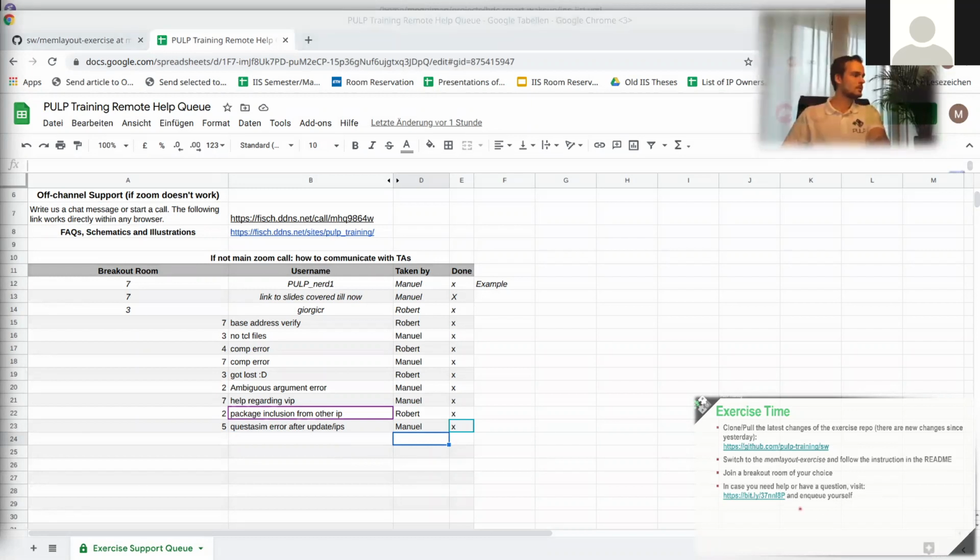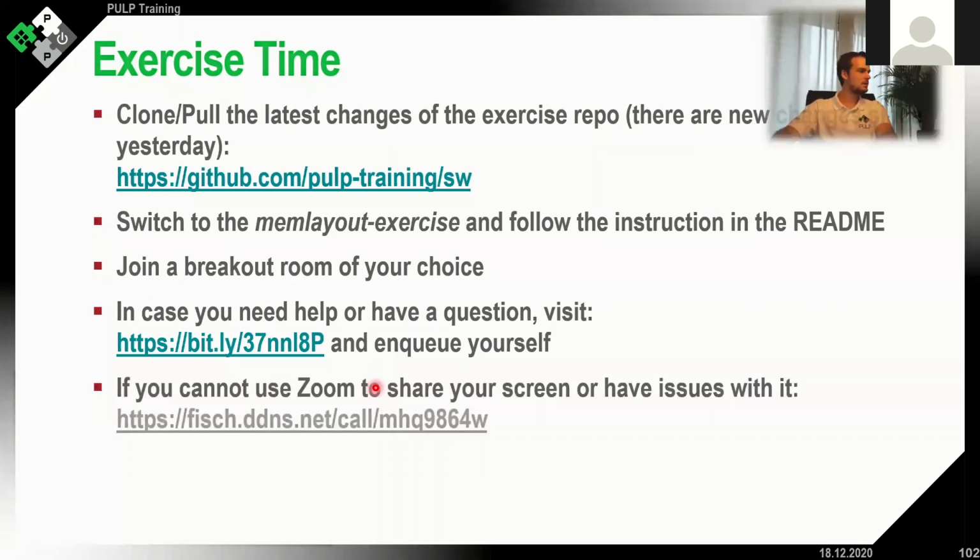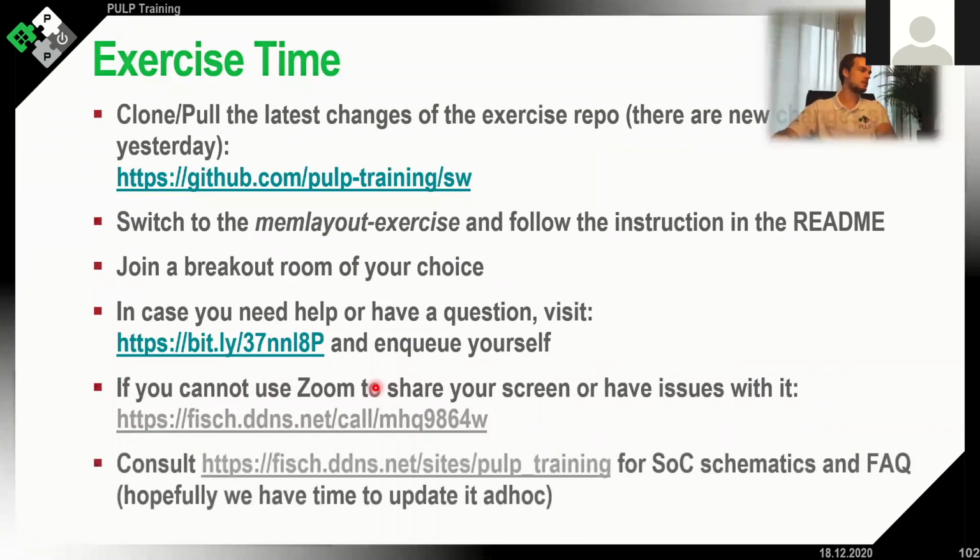I guess the exercise README should be pretty self-explanatory, but still, well, actually, I didn't add it to the slide yet. Yes, I did. In case you want to have a look at the illustrations about the SoC architecture we showed yesterday, please visit the following website. You will also find the link on the Google Docs.